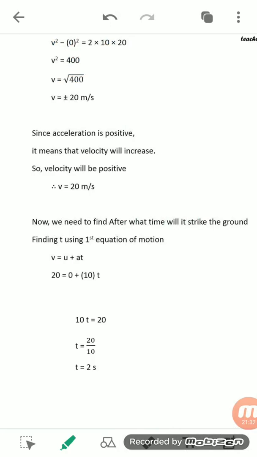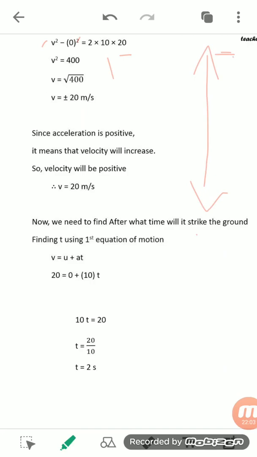The initial velocity is when the ball was at rest, when it was not dropped. As it gets dropped, the velocity starts increasing. So v square minus 0 is equal to 2as, the acceleration was 10, and the distance from the height where the ball is dropped to the ground is 20.